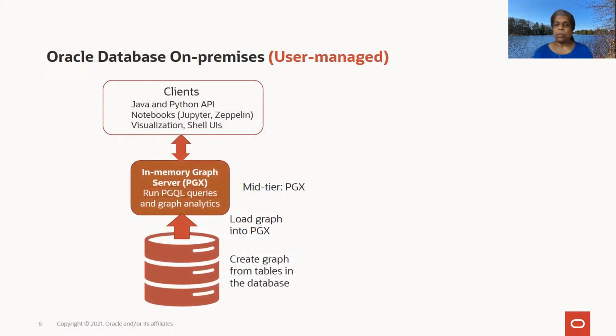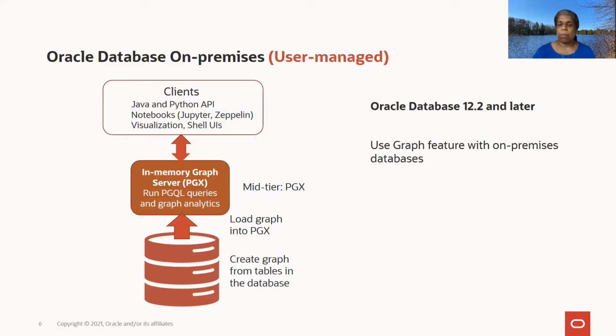And finally, it's a user managed option. You create graphs from tables in the database, as always. You can load your graph into the graph server. In this case, you're installing and deploying the database in your data center. You're also installing and deploying the graph server within a mid-tier box or mid-tier container, and you have the client components either on that machine or in a separate machine.